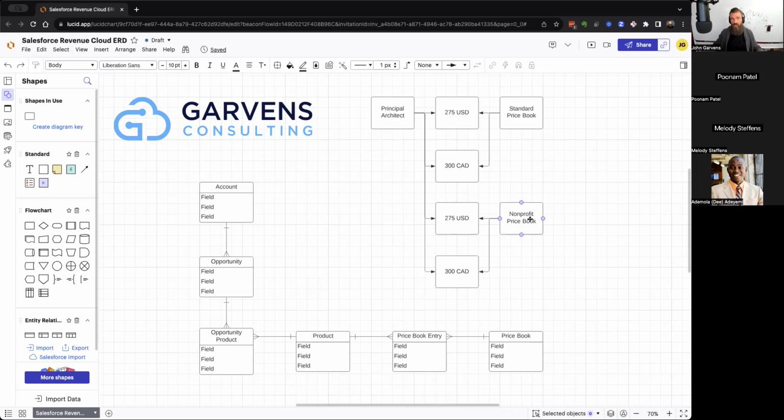It's all in the same thing, or maybe it's all in the standard price book. But I always try for price book consolidation. I always try for product consolidation. That's another common thing. So that's how I think about some basics of how many price books I need. How many products do I need?